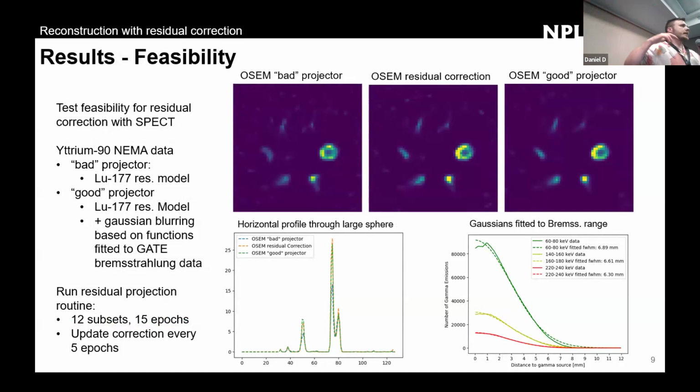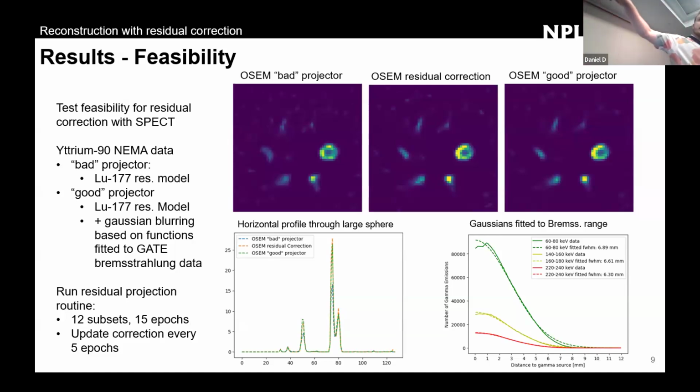Yttrium-90 can be imaged with SPECT by using the Bremsstrahlung X-rays created from the electrons emitted by yttrium-90 interacting with charged particles in the body. We had 12 subsets, 15 epochs, and updated the correction every 5 epochs.